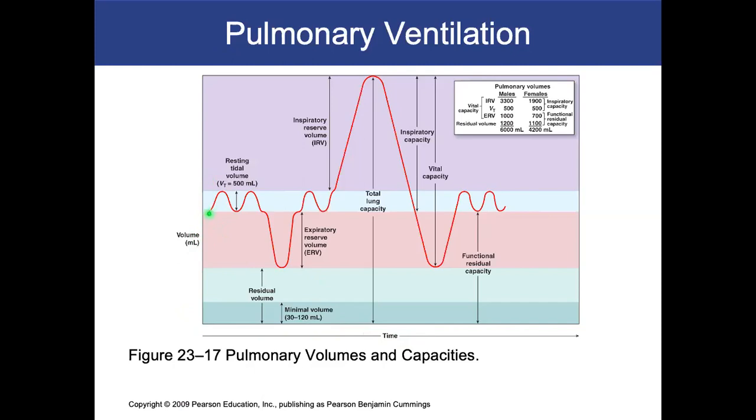Let me explain this first, and then we'll go over how we do this. So this is resting tidal volume. The arrows indicate the volumes, and these are the typical volumes that we're measuring when we're looking at pulmonary ventilation. So resting tidal volume, how do we do this? You would take a normal breath in, and then let it out.